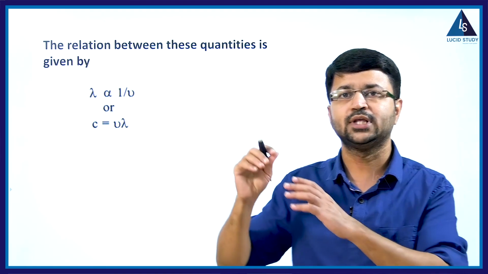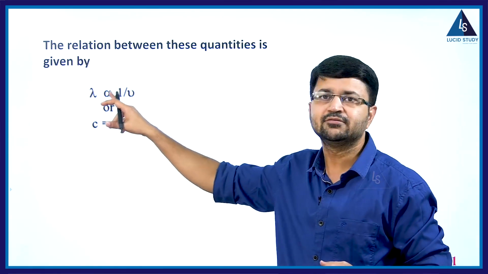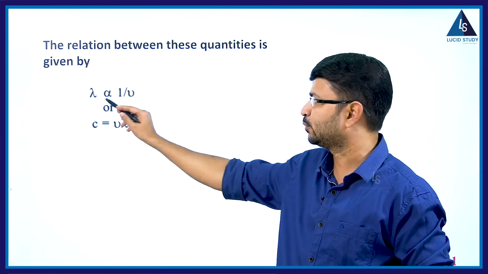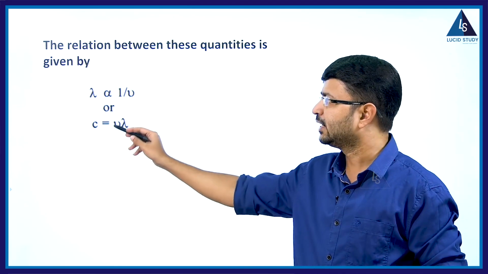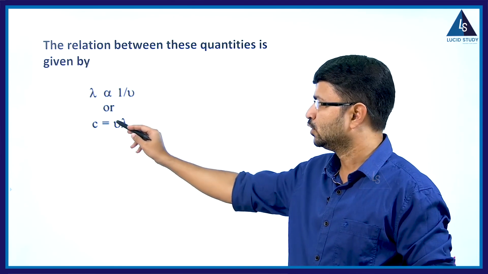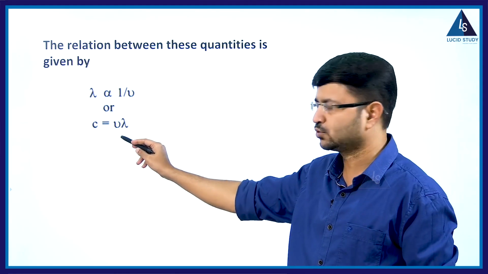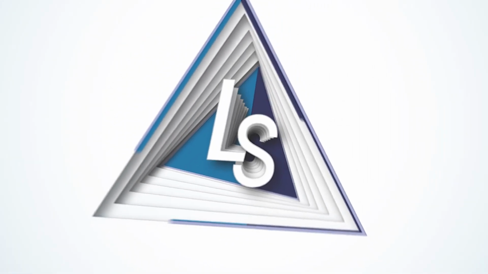This wavelength and frequency are inversely proportional. Wavelength is inversely proportional to the frequency, or we can write in this manner also. C, the velocity of light, is equal to the frequency times the wavelength.